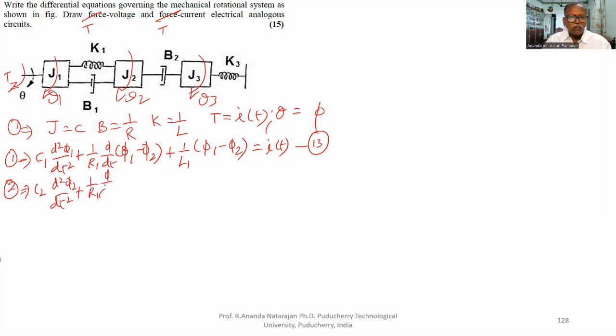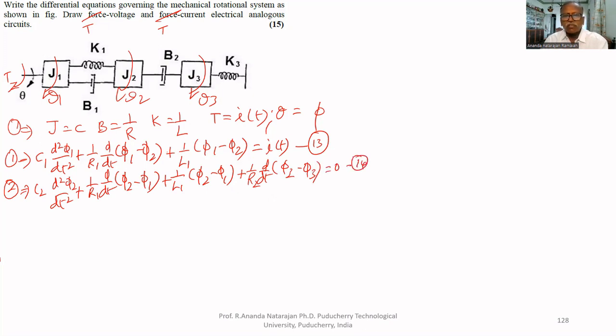Then the 14th, the second equation becomes C2 d square phi 2 by dt square plus 1 by R1 d by dt of phi 2 minus phi 1 plus 1 by L1 phi 2 minus phi 1. And one more, B2 is there, that is plus 1 by R2 d by dt of phi 2 minus phi 3 equal to 0.